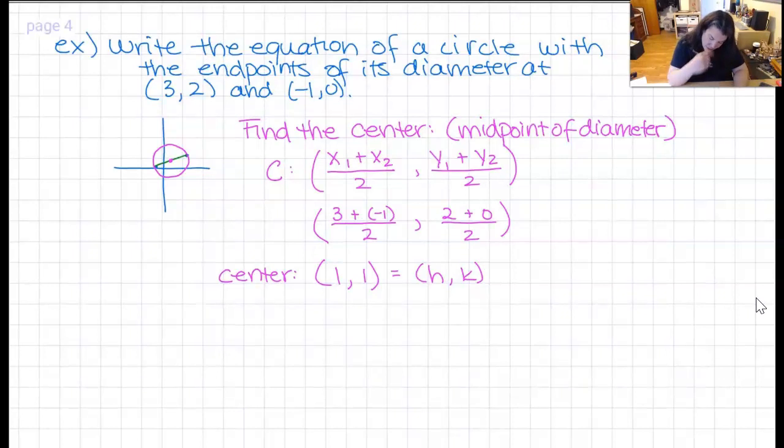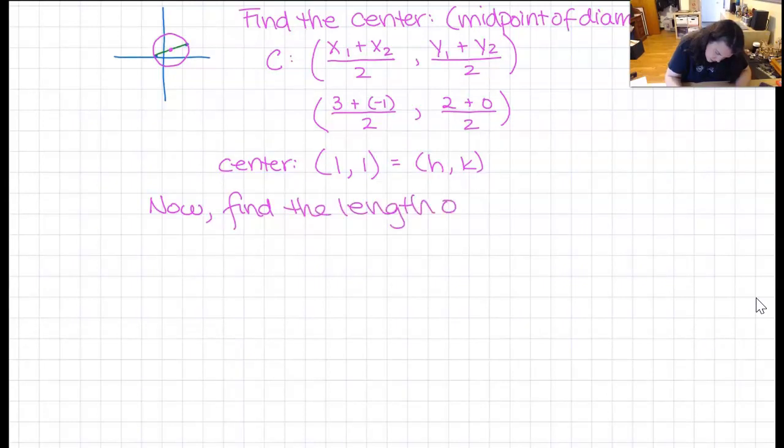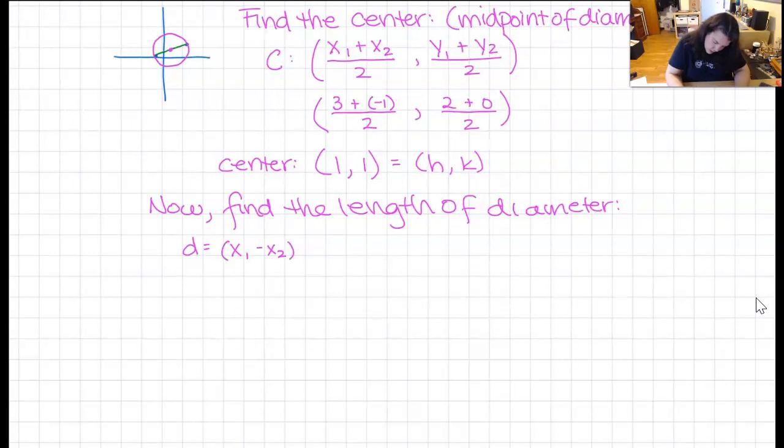All right, so let's find the length of the diameter. So remember, the distance formula is the square root of (x1 - x2) squared plus (y1 - y2) squared.